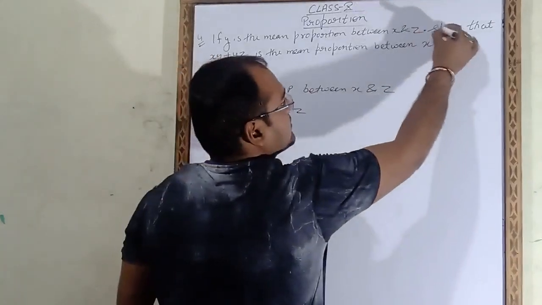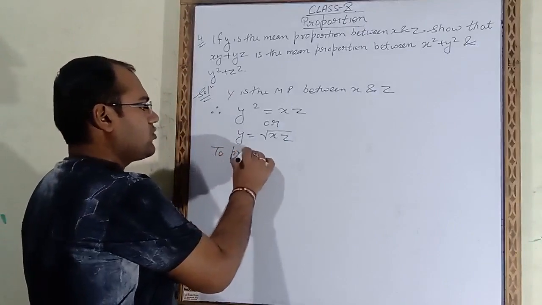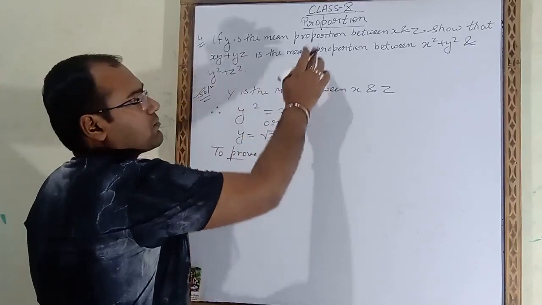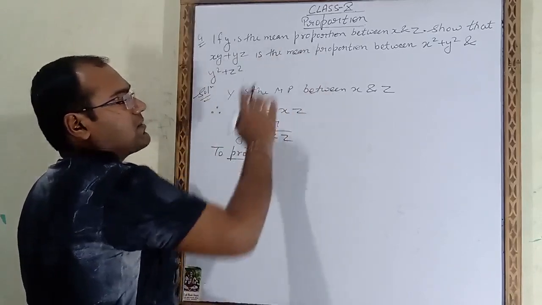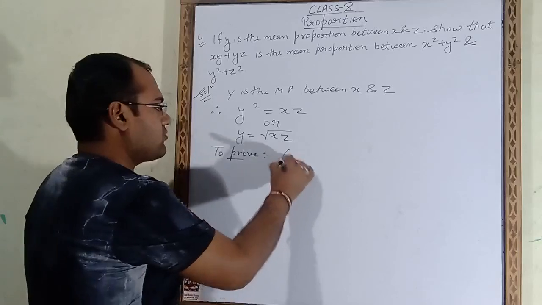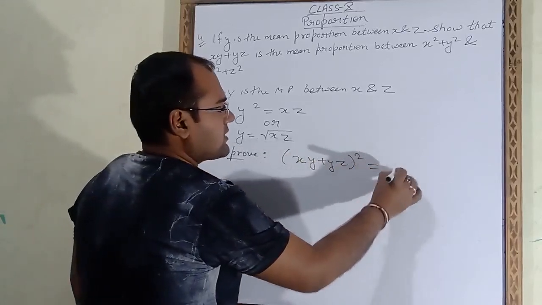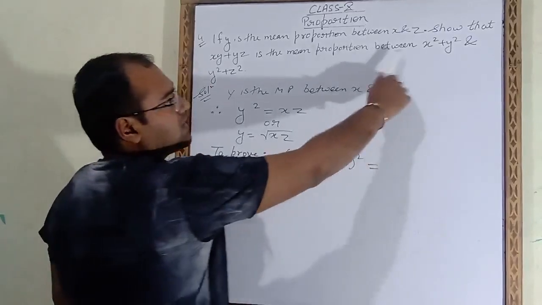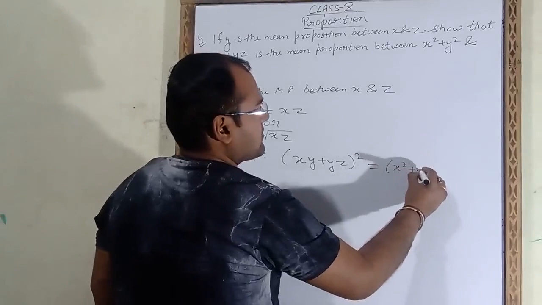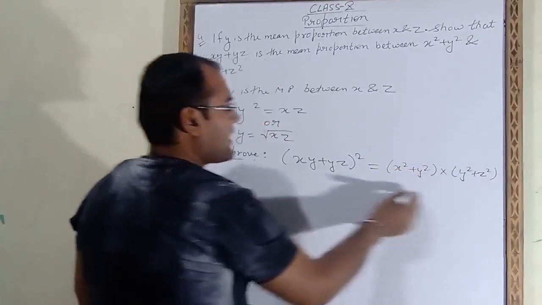Now show that means we have to prove that xy plus yz is the mean proportion. We have to prove that this is the mean proportion. Since this is the mean proportion, we have to take xy plus yz whole square is equal to, between this and this, the product of these two: x square plus y square into y square plus z square. This we have to prove.